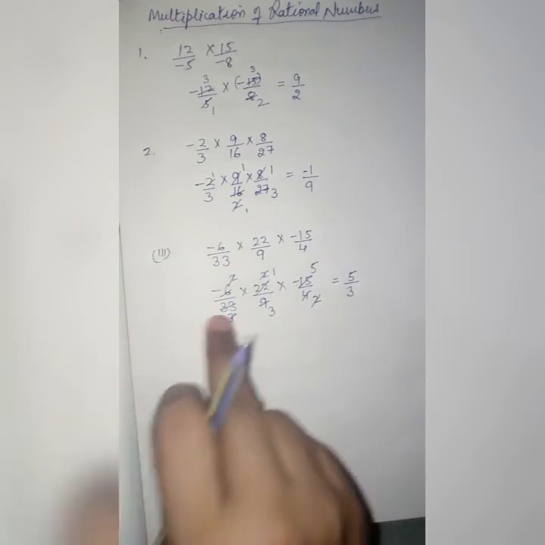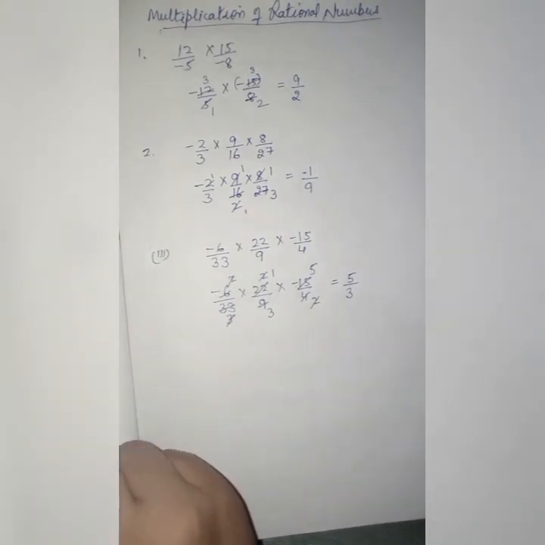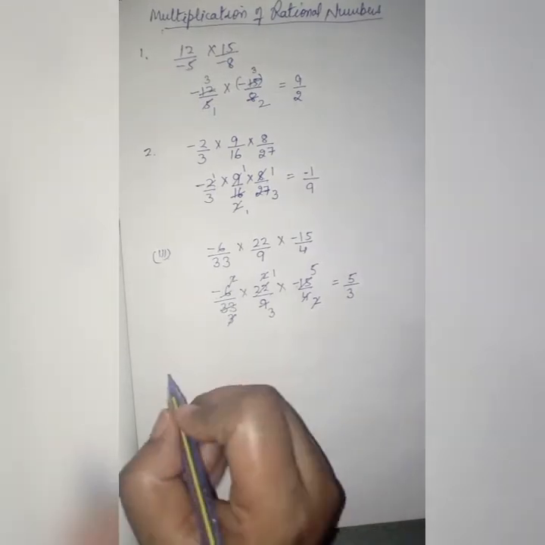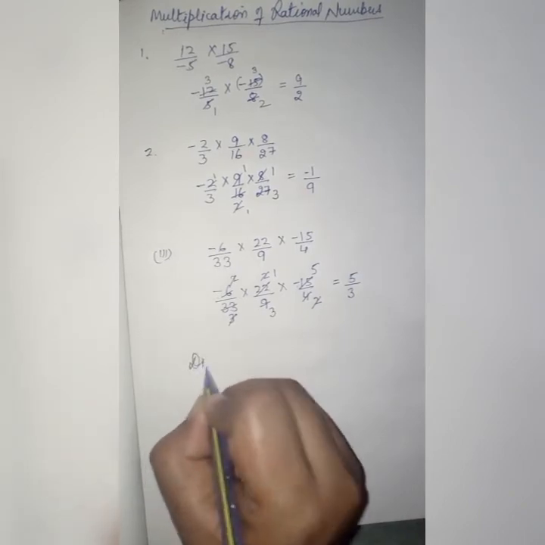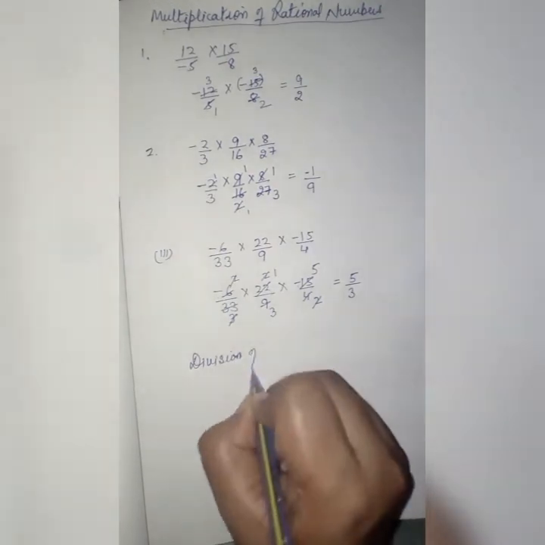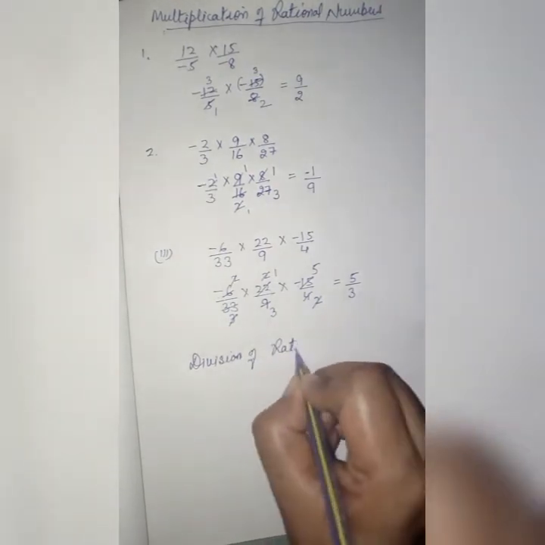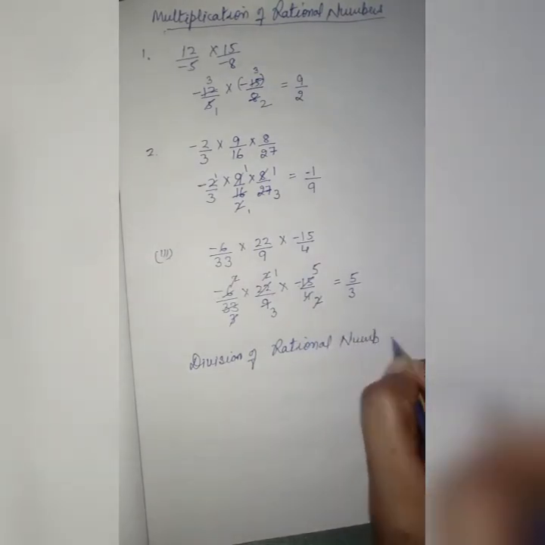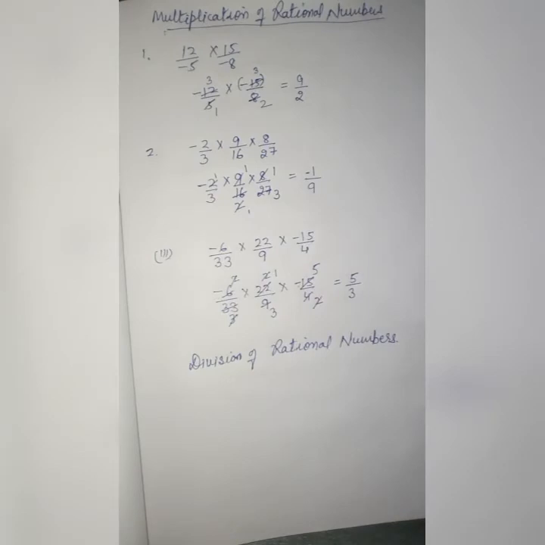In this way you can multiply 2 or more than 2 rational numbers. After this I will explain division of rational numbers. So here what will you do?